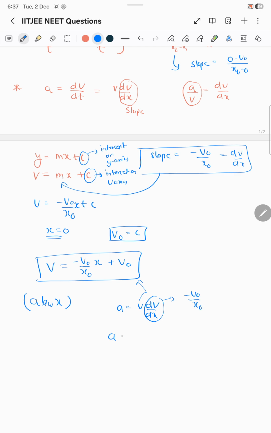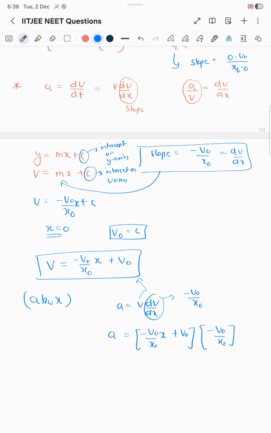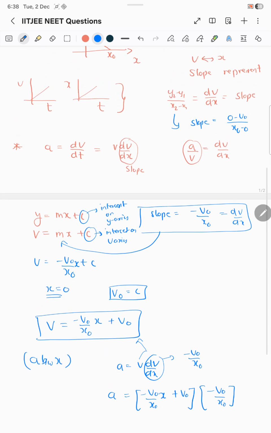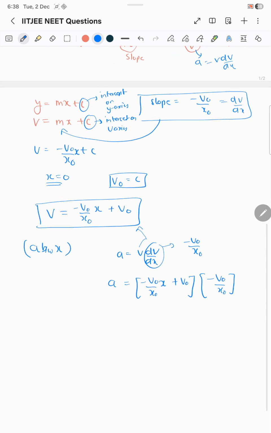I'll put these values so that I can get a relation between a and x, meaning acceleration and displacement. So v is minus v naught by x naught into x plus v naught, and dv by dx is the slope, that is minus v naught by x naught. Okay, so this value we have put, a equal to v dv by dx.